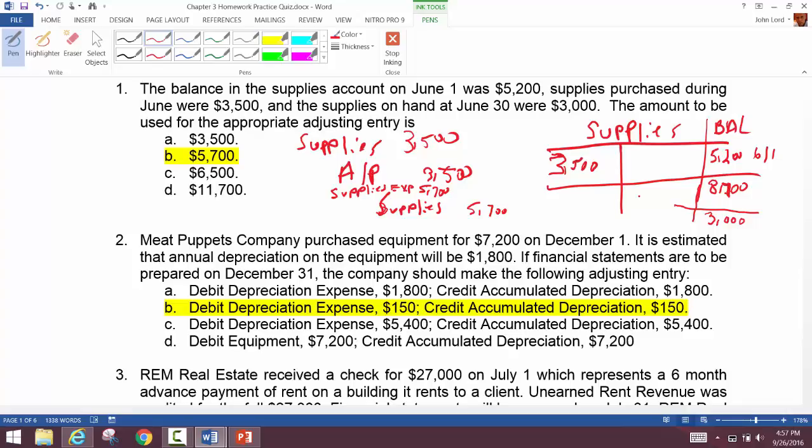So when I post the credit, 5,700, does this thing come down to 3,000 where I want it to be? Okay, good. So the answer here must be what? The amount used for the appropriate adjusting entry, which is this 5,700, right? Posting the appropriate adjusting entry is to debit the supplies expense 5,700 and credit the supplies 5,700, right?